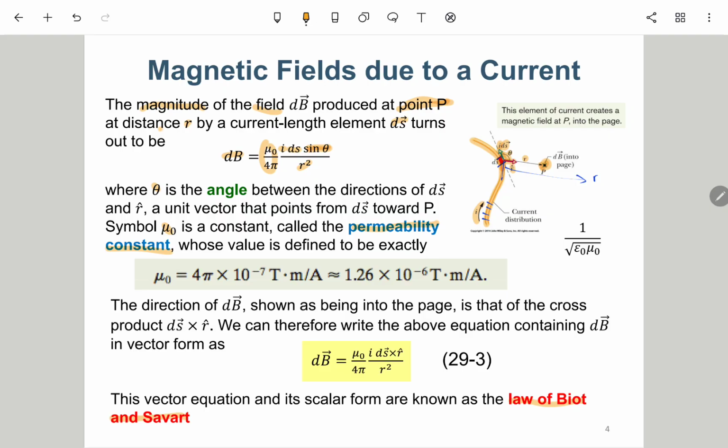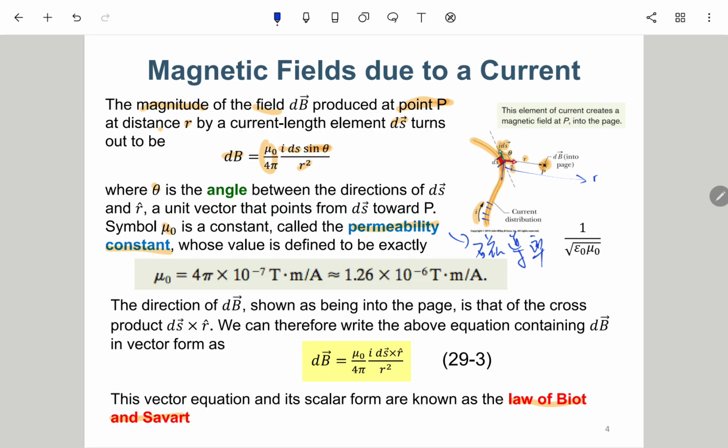This one in Chinese is called 磁导率. So mu zero is the magnetic characteristic in vacuum. If it is in other magnetic material, it could be a mu.